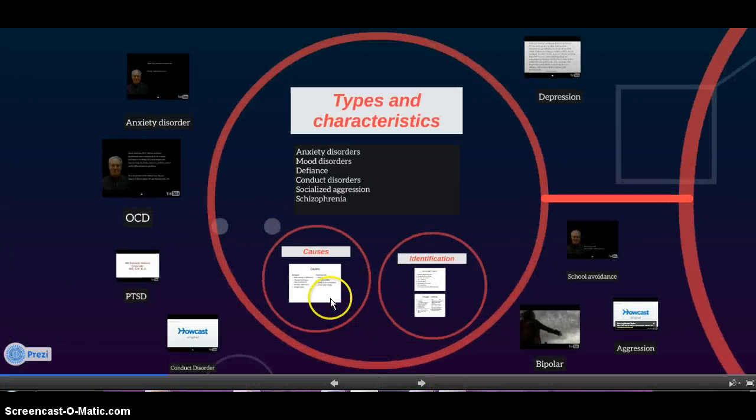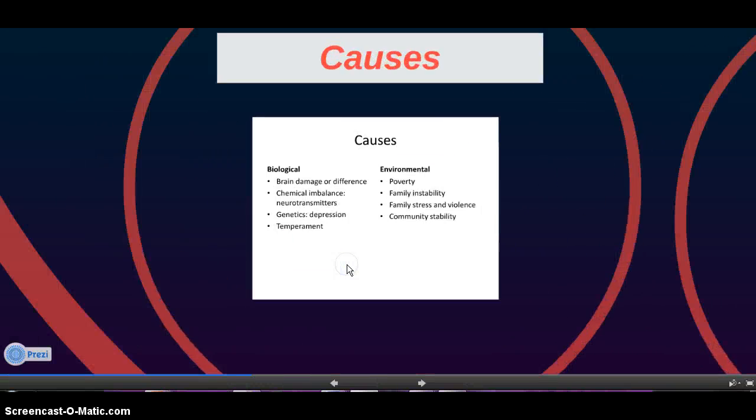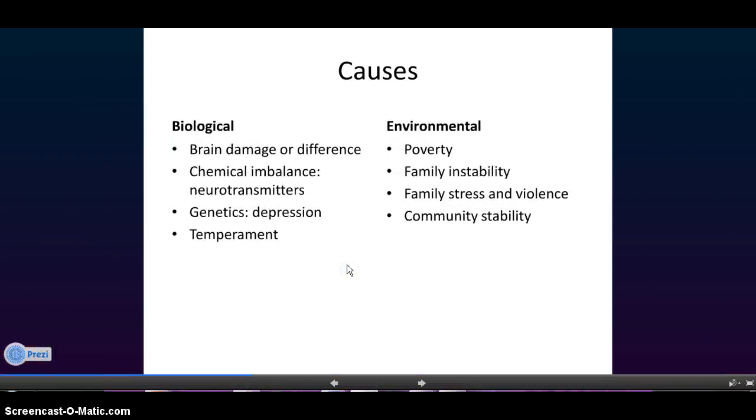So let's look at the causes of emotional and behavior disorders. We have biological causes that can include brain damage or brain difference, and by that we just mean that for some people some parts of the brain are larger or smaller than in other people.